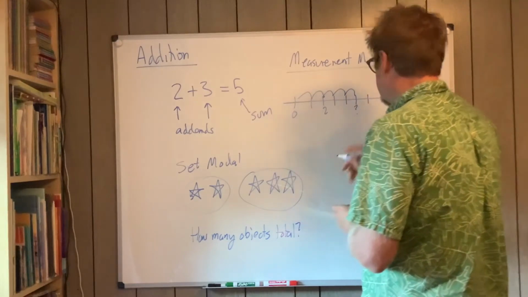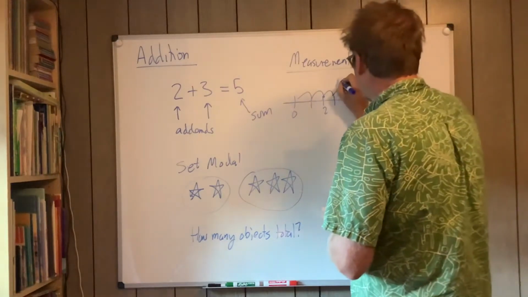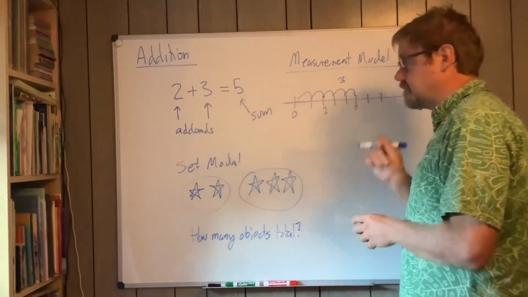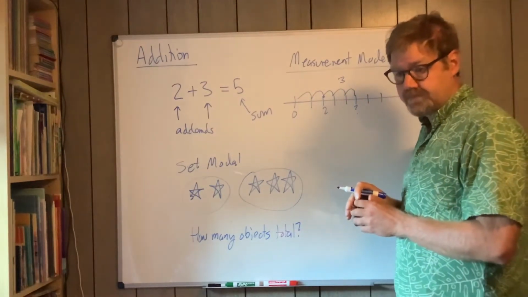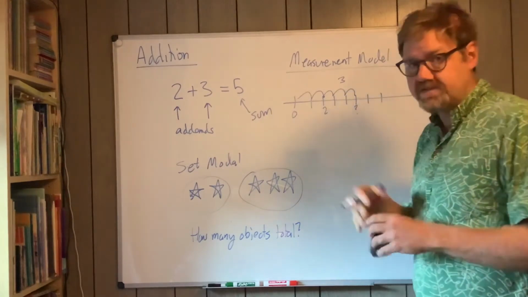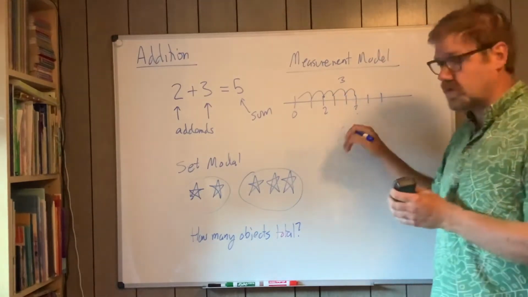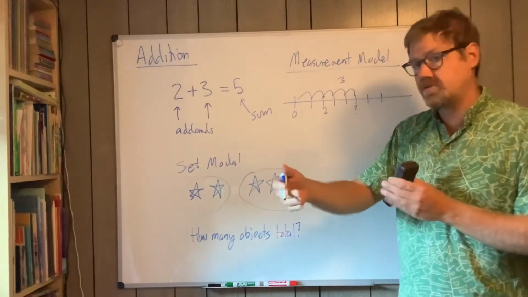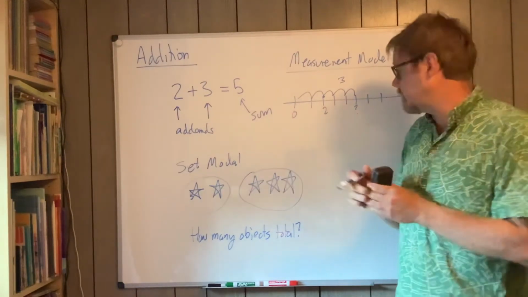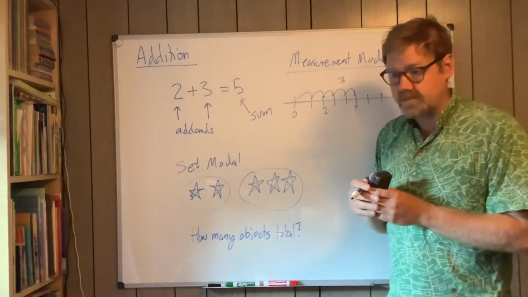Where am I? So that's 3 up there. I'm at 5, type of thing. And again, if you think about more word problems, you could talk about walking 2 blocks and then walking 3 more blocks. How many blocks have we walked? Type of thing.